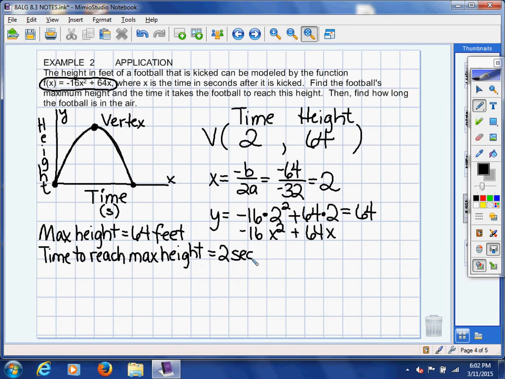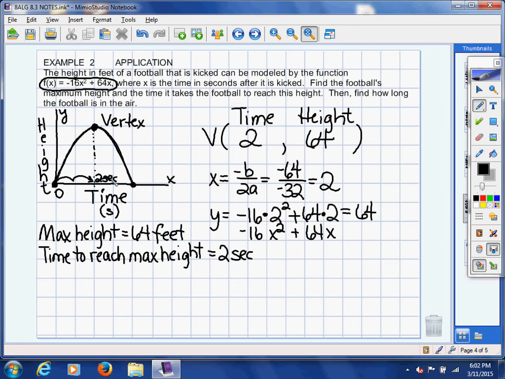So that's 2 of the 3 things we needed to know. The last thing is, how long was the football in the air? So it started at 0, and then where did it land? If this is the middle of my graph, there's my axis of symmetry, and the very center is 2 seconds. So how far away is 0 from 2? 1, 2 units.